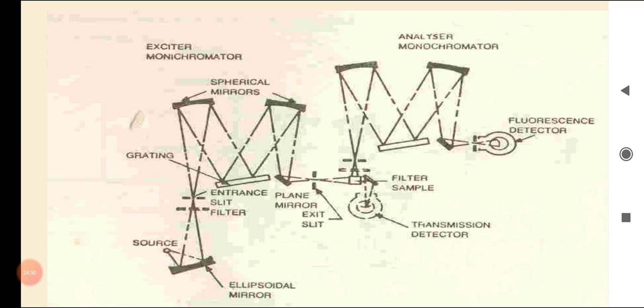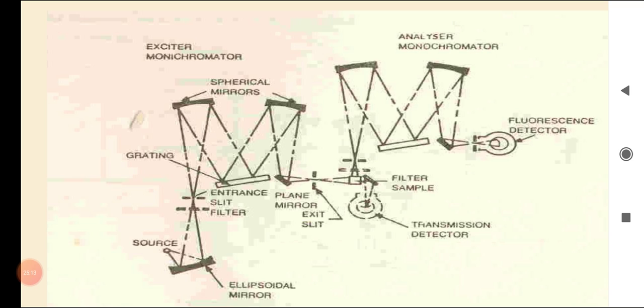When light impinges on the highly polished grooves, different wavelengths of light are dispersed. That light is focused onto the spherical mirrors, then projected onto the plane mirror, then onto the sample holder through the exit slit.